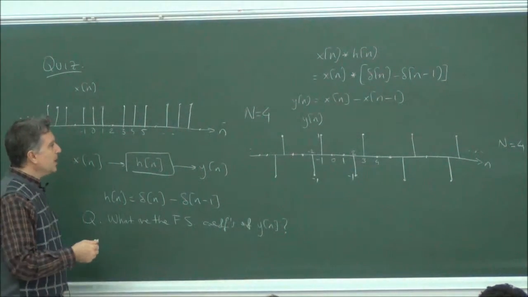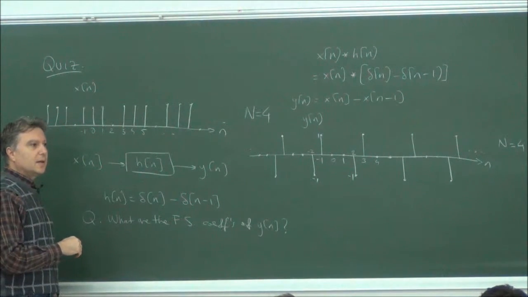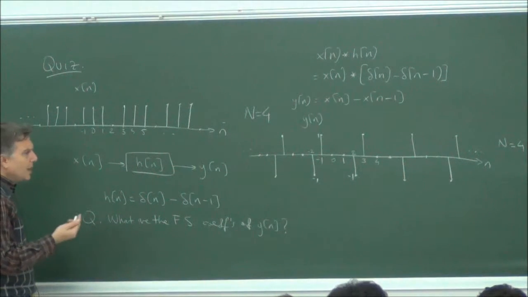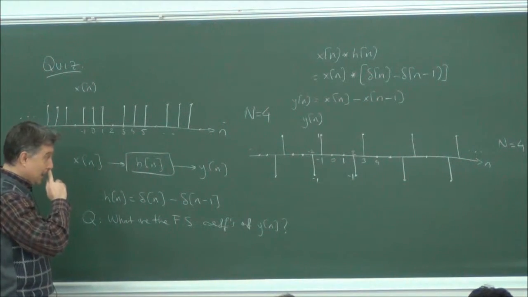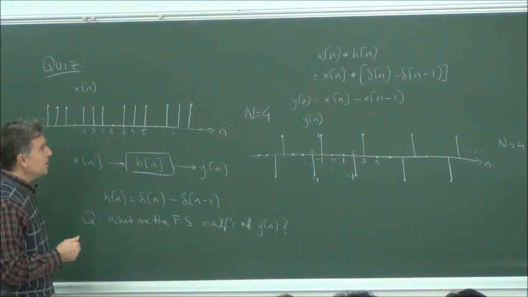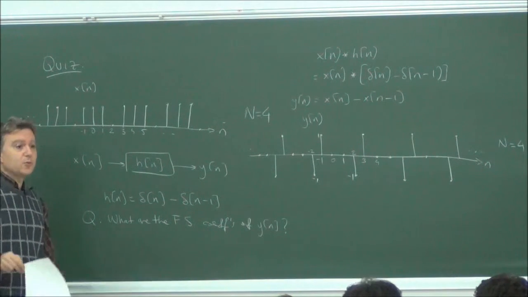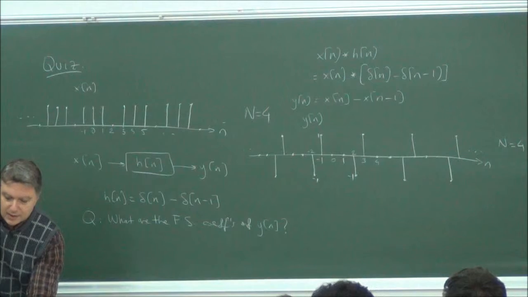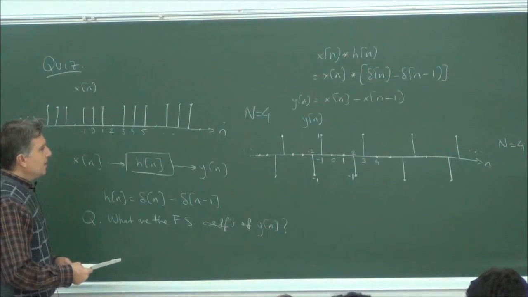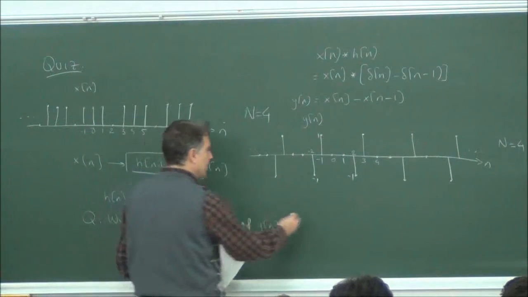It happens to any kind of a linear and time invariant system applied on a periodic signal. The period doesn't change. So this is a new set of sample values for a periodic signal, that is y of n, and the rest is nothing but the application of the formula. You don't really need to tell me exactly how it may be simplified. It may be simplified, but I don't care about that.